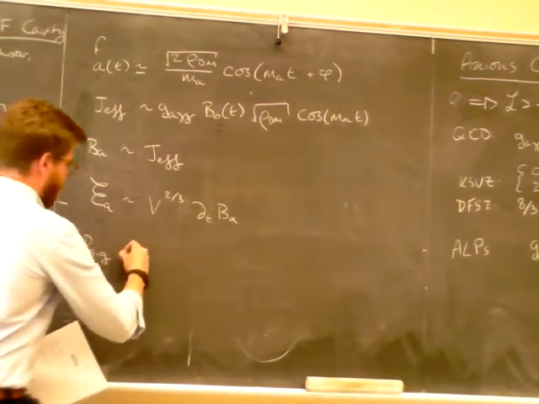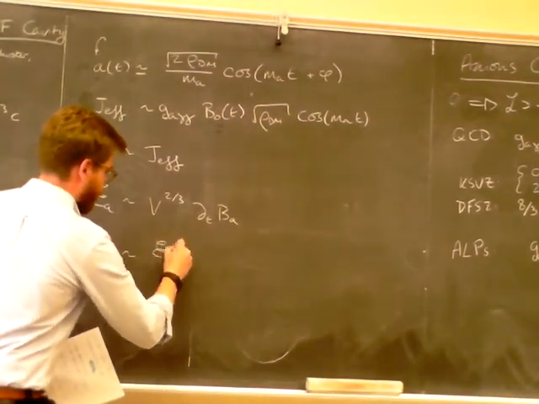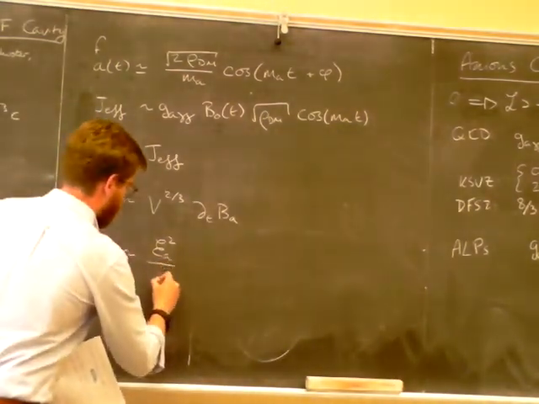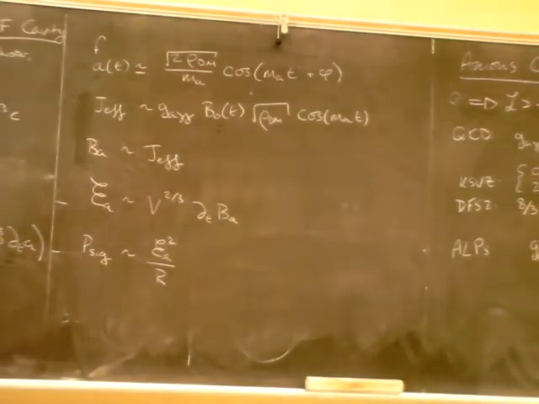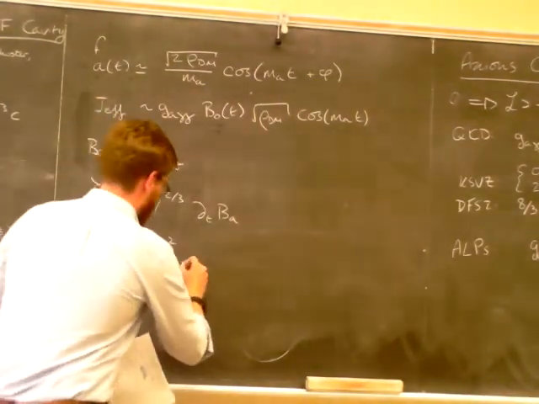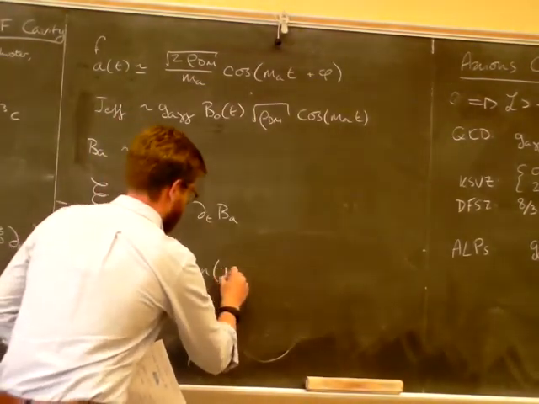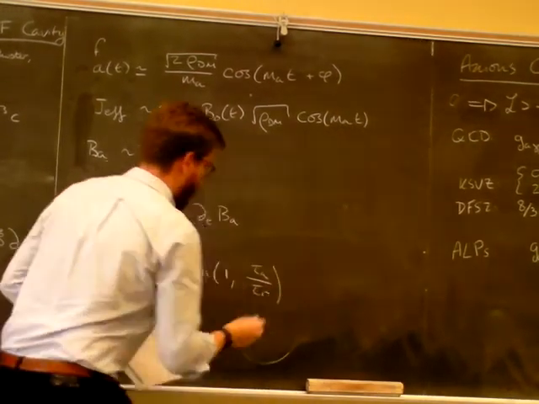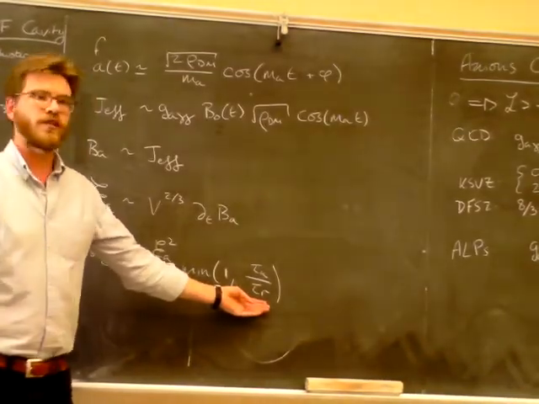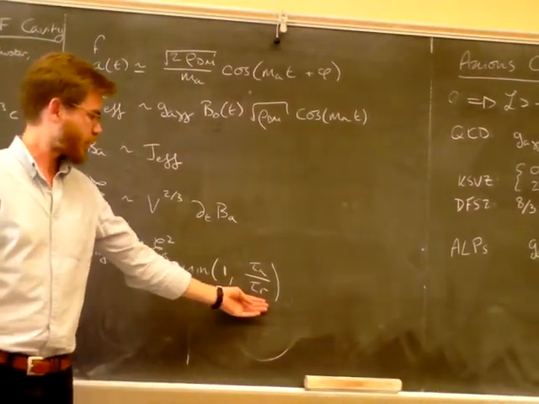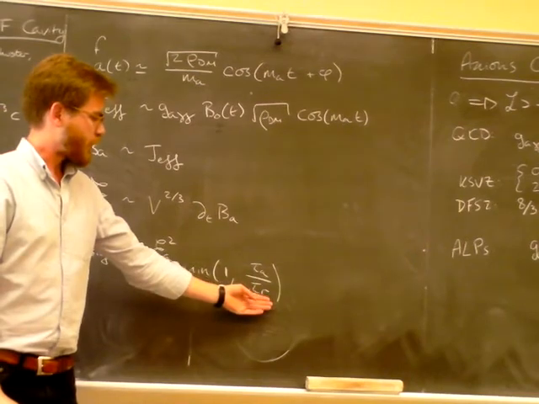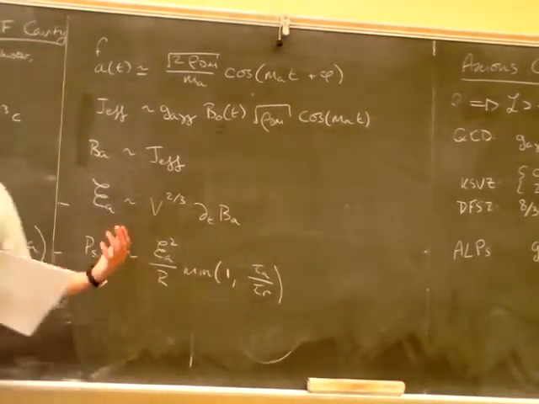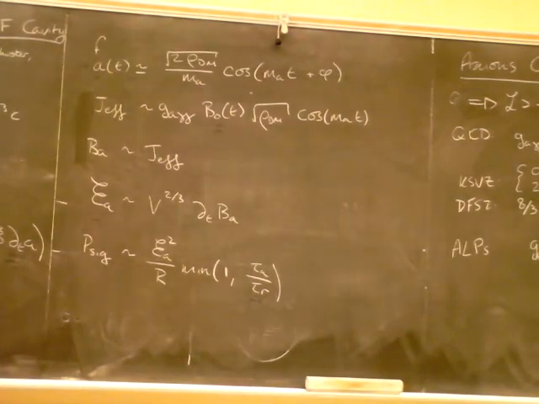And so that signal power is going to go like the axion-sourced electromotive force squared over my resistance of whatever resistor I have, times a factor here, which basically asks you, is your resonant circuit in which you plan on detecting axion dark matter, does it have a ring-up time that is long or short compared to the coherence time of your axion field?